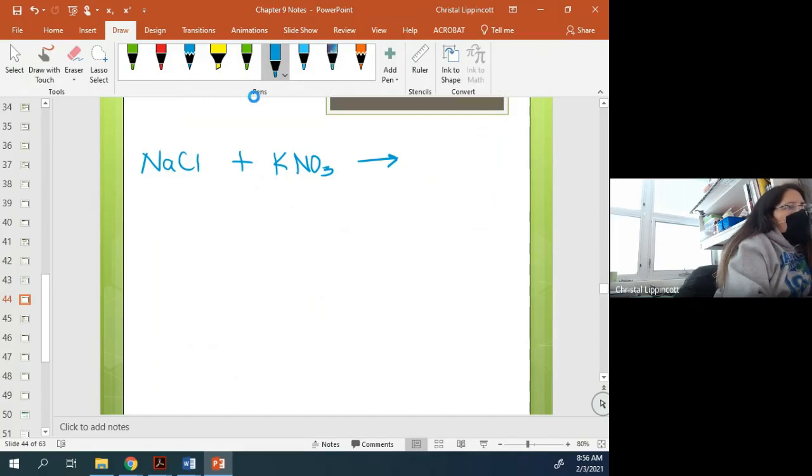We can assume when we start out, and don't even look them up, just go ahead and write down AQ here and AQ here, because they should always be aqueous to start with, okay? I'm going to write down my cation first. I'm going to write down my other cation, and then I'm going to swap partners. Okay, the chlorine is going to go with the potassium, and the nitrate is going to go with the sodium.